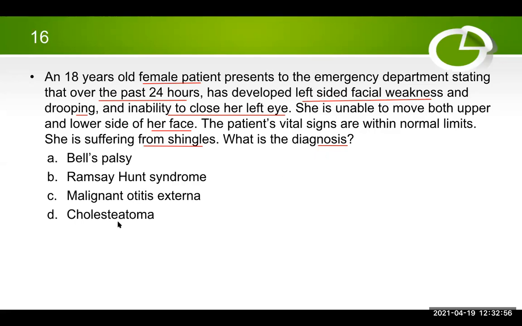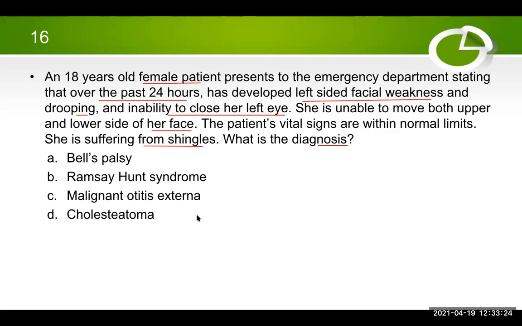This is an important question from ENT, especially the ear part. Cholesteatoma is a type of squamous epithelium which is trapped inside the skull bone, in this case inside the middle ear cavity. In the mastoid bone or middle ear cavity, if there is a trapping or entrapment of squamous epithelium, we call this cholesteatoma.